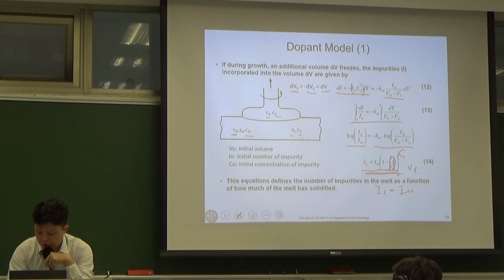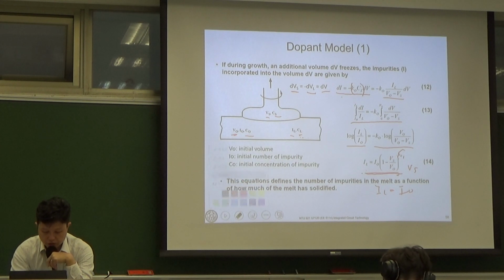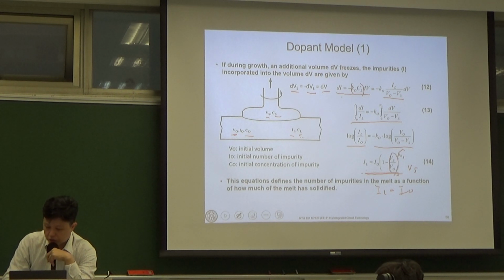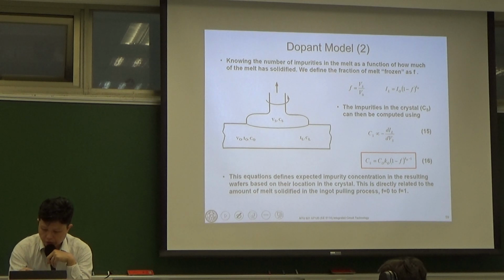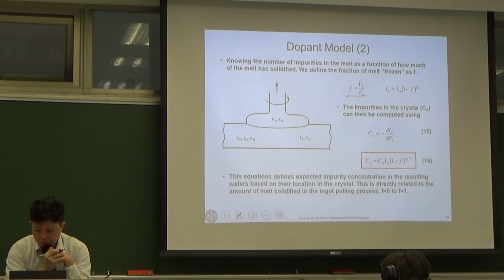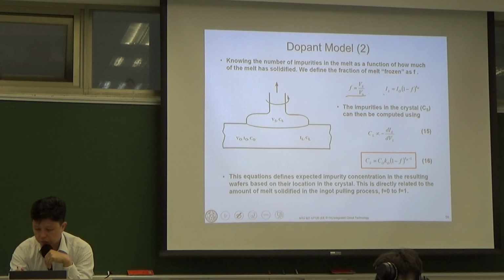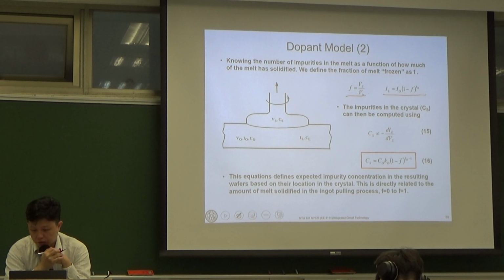Here we can define the ratio between Vs and V0, the fraction of melt frozen, as F. So that equation we can write in this form.